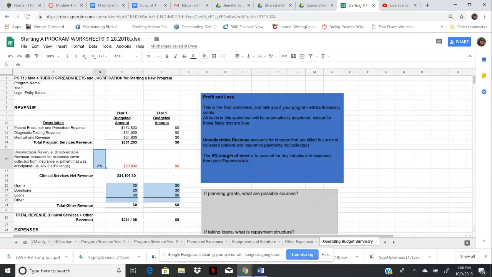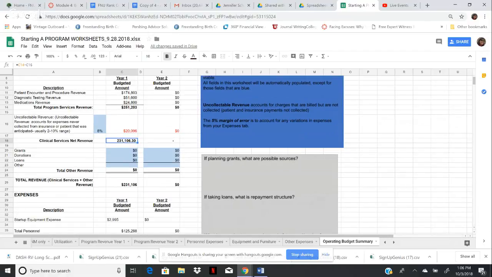Sometimes claims are rejected, patients don't pay their copay, etc. We ask that you populate a number between 2 and 10 here. I've just put in 8%, and that will deduct that percentage from your total program services revenue. And then you'll have your total here.